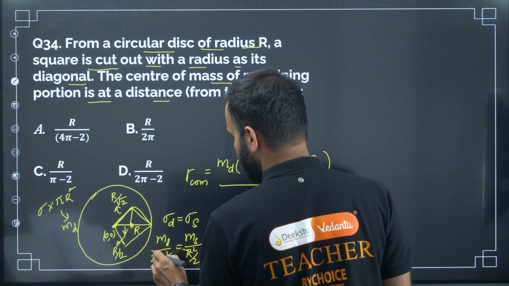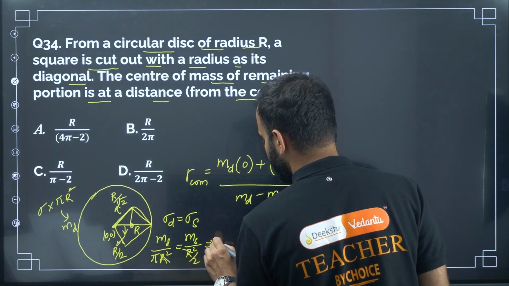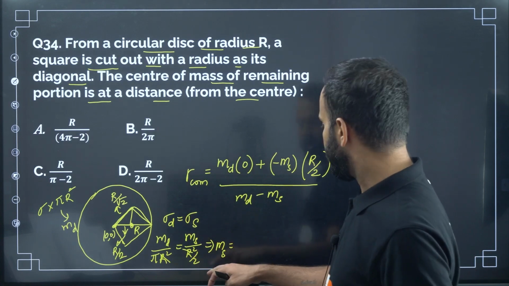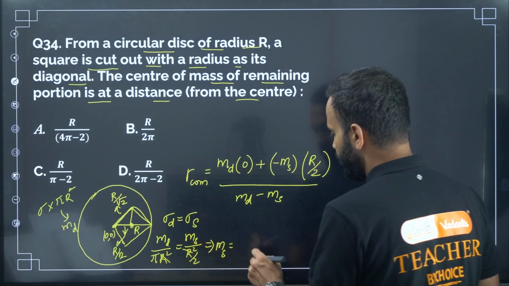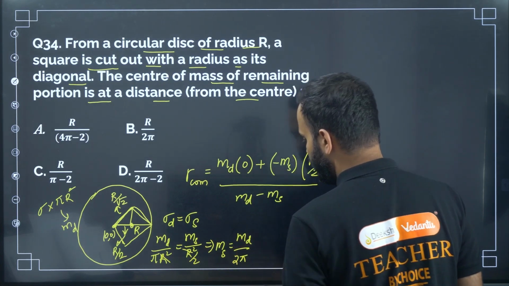Here r square will get cancelled. So the mass of the square lamina is equal to MD divided by 2 pi.